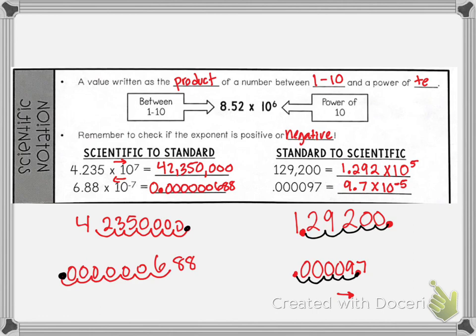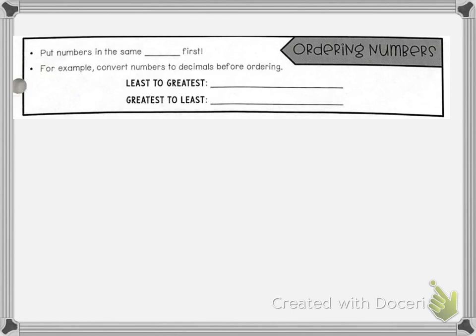Let's do the last one, which is ordering numbers. Ordering numbers is just putting numbers in the same form first. For example, you can convert numbers to decimals before ordering them. I suggest doing it in decimals, so that way you can see which one is greater or less.